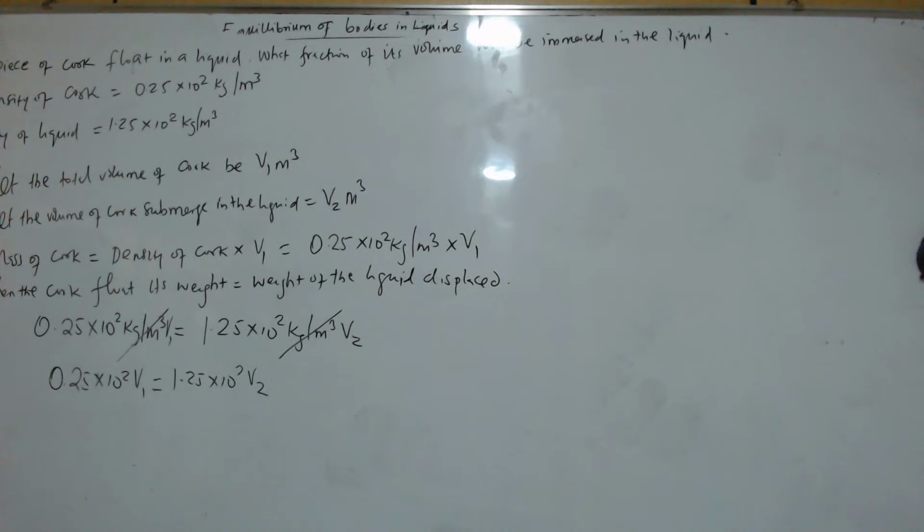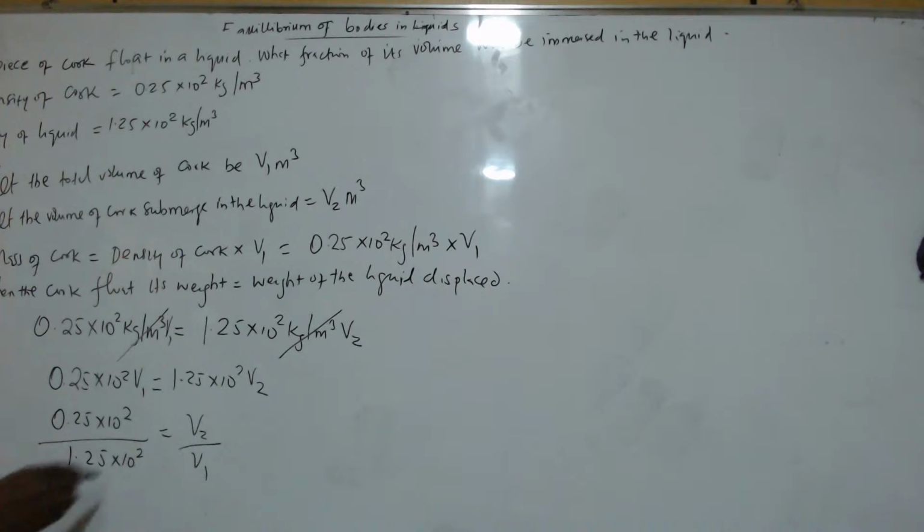So what do we do? We take the ratio. We say 0.25 times 10 to the power of 2 divided by 1.25 times 10 to the power of 2 equals V2 over V1. So that is the ratio we are told to take. So this and this will go. We shift two decimal places here.